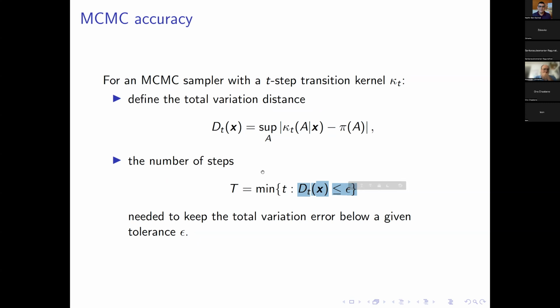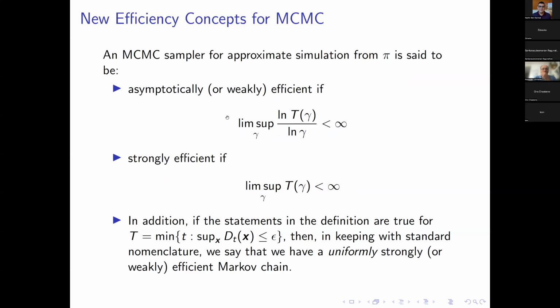Excuse me, some water. So what do I mean by rare event efficiency concepts for Markov chain Monte Carlo?